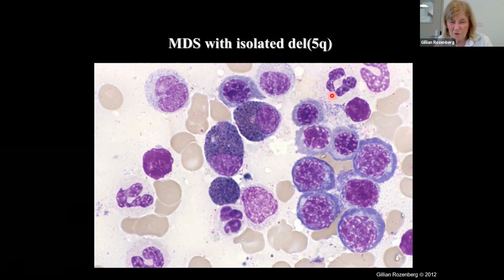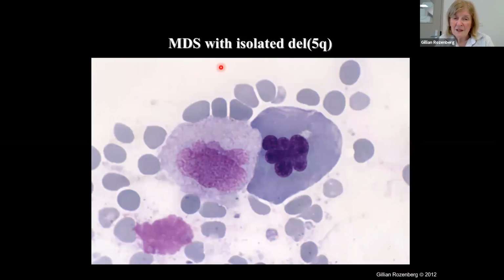Very abnormal, telling me this patient has got a myelodysplastic syndrome. This was an unusual slide that I found, which is a red cell precursor with 1, 2, 3, 4, 5, 6, maybe 7 lobes. And it was in a patient who had isolated deletion 5q.